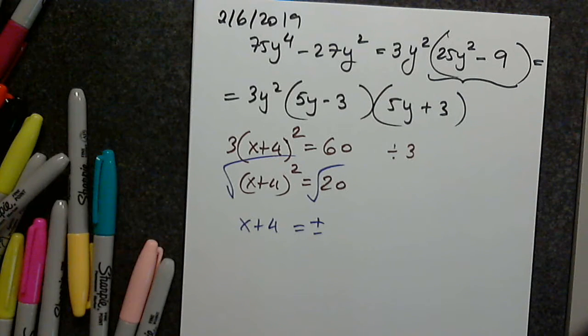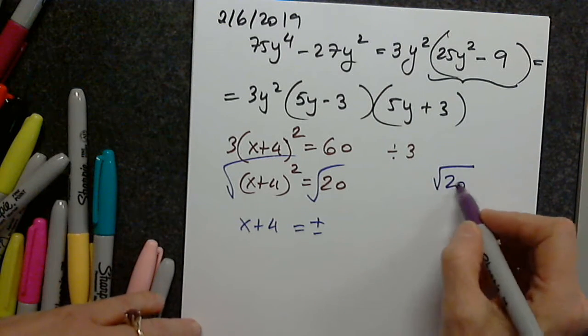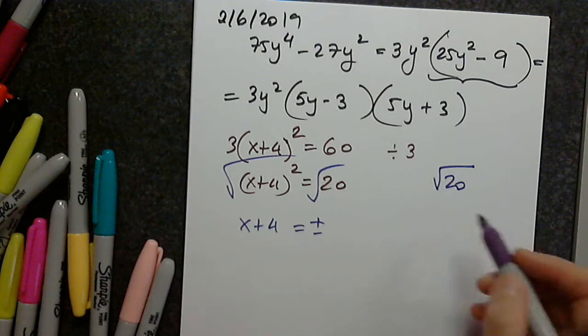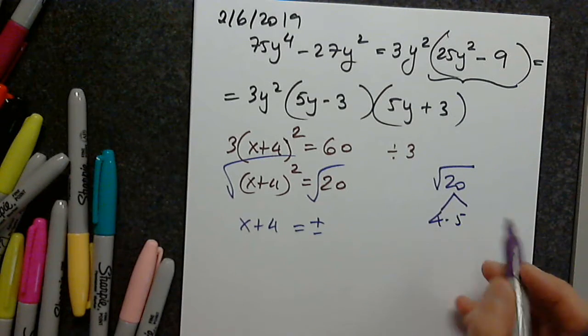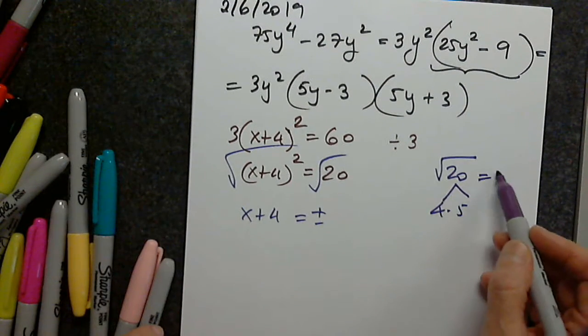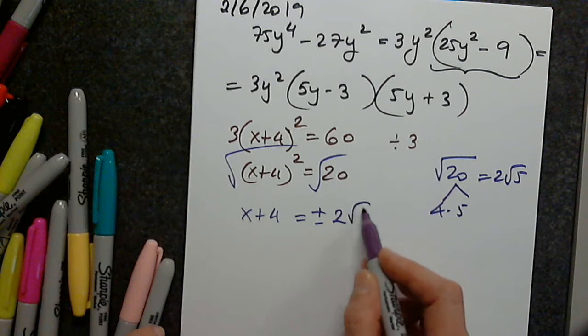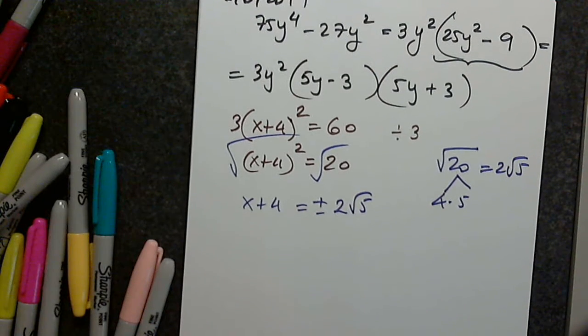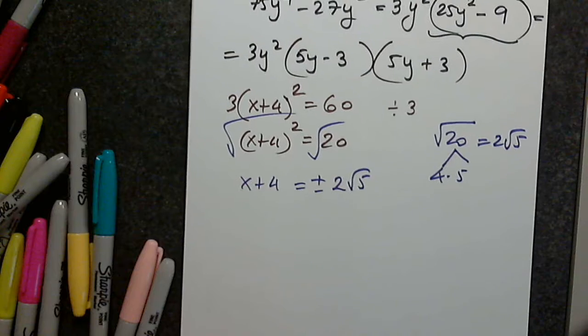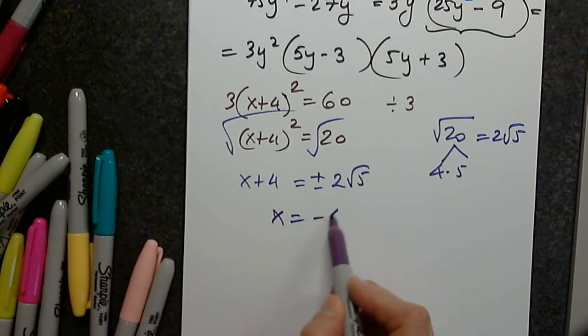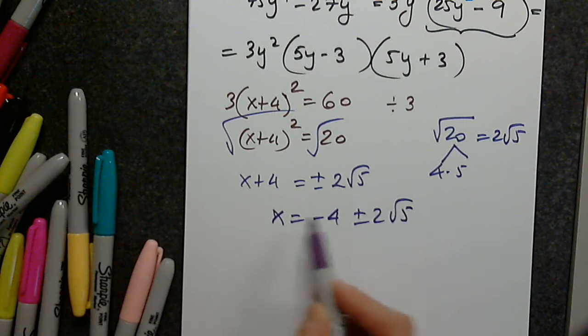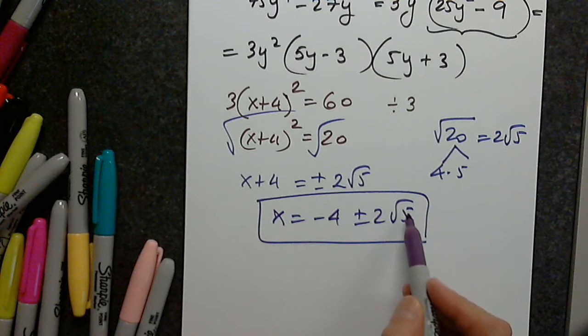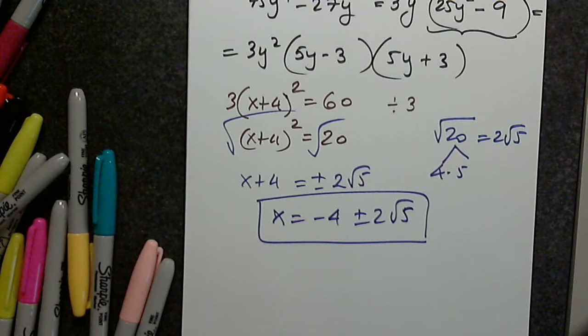Very good. So now on the side, I know the square root of 20. 20 is not a perfect square, but I can, indeed, 4 times 5. 2 square root of 5, excellent. So finally, I have one more step, and that one more step would be, very good. There is no need to separate these two solutions because you cannot simplify. So why bother?